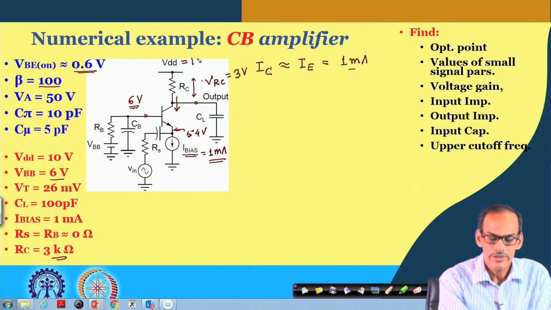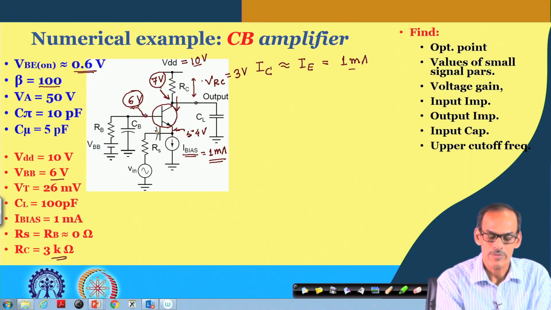VDD, on the other hand, is 10 volt. So, the DC voltage at the collector terminal is 10 minus 3, so that is 7 volt. If you have 7 volt here at the collector and at the base we have 6 volt, the transistor is in active region of operation.